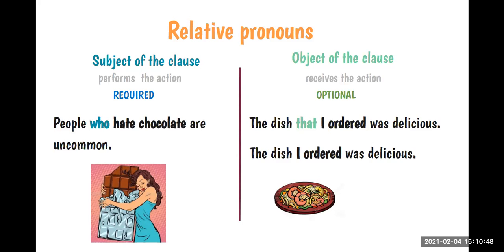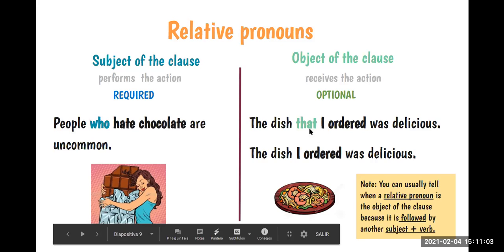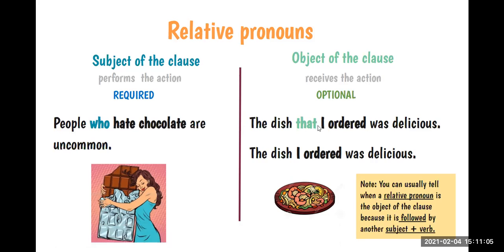Object of the clause. But another way is, it says, you can usually tell when a relative pronoun is the object of the clause because it is followed by another subject and verb. And as you can see, the relative pronoun is followed by a subject and a verb, right?